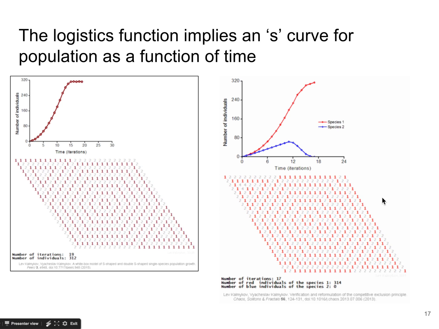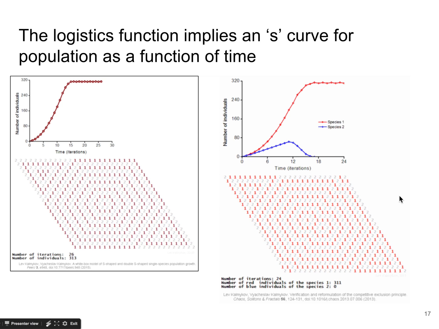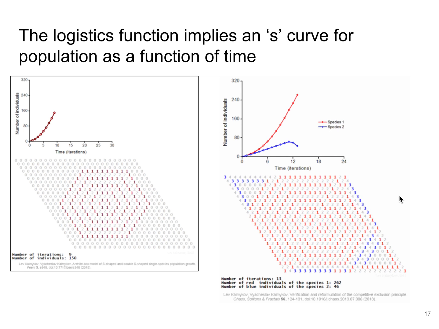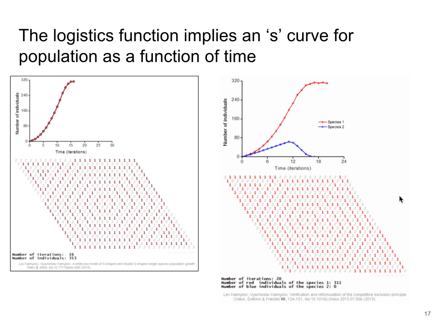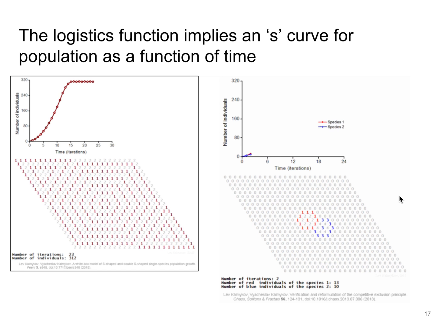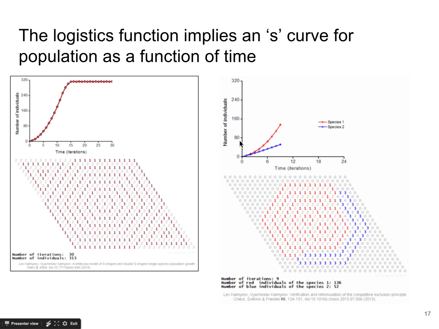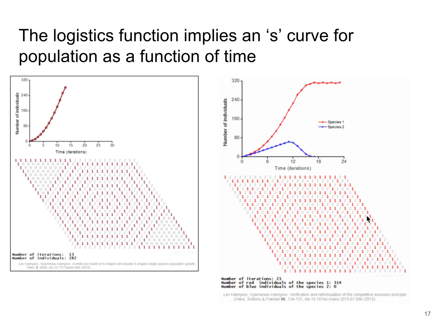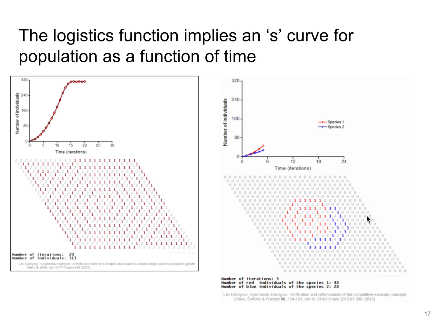So this is the kind of behavior you'd expect: population as a function of time if you're exploiting the logistics function, and in this case introducing multiple species, one of which is a predator, one of which is a prey.